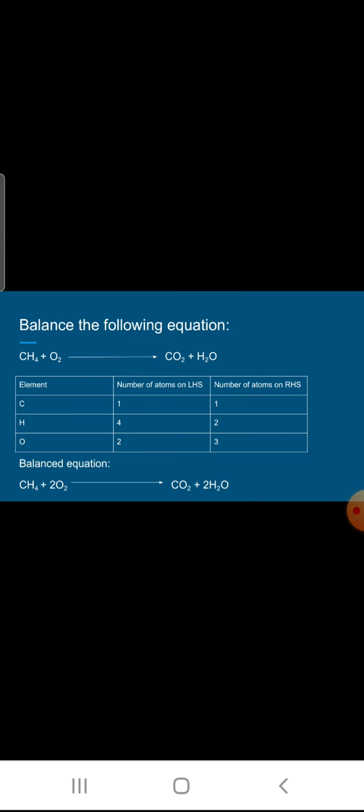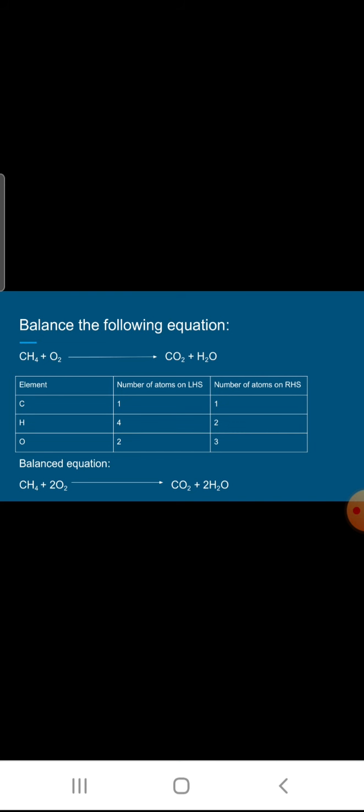Next step, we need to balance oxygen. Now check it, we now have 2 atoms of oxygen on the LHS side, that is the reactant side, but 4 atoms of oxygen on the RHS side, that is the product side. Therefore, put coefficient 2 in front of O2 on the LHS side.